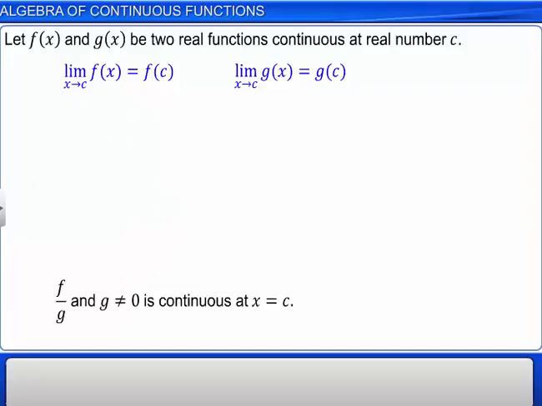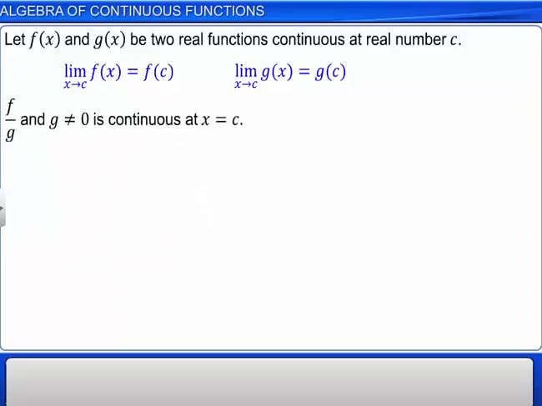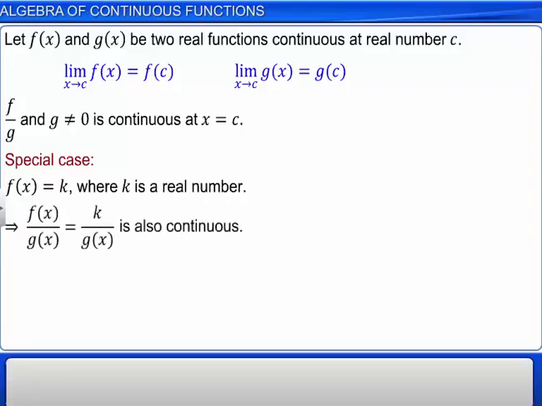Suppose f is a constant function defined by f of x is equal to k, where k is a real number. Then f of x divided by g of x is equal to k divided by g of x, which is also continuous.